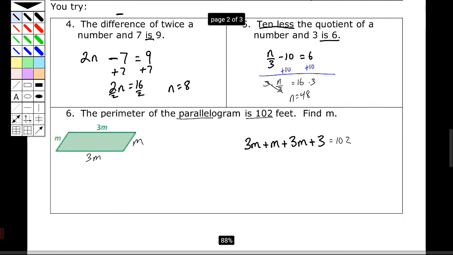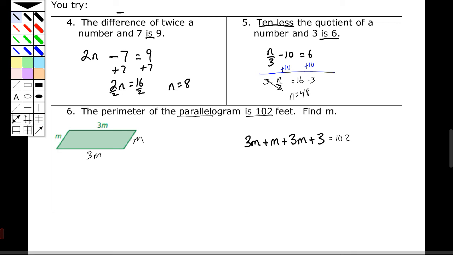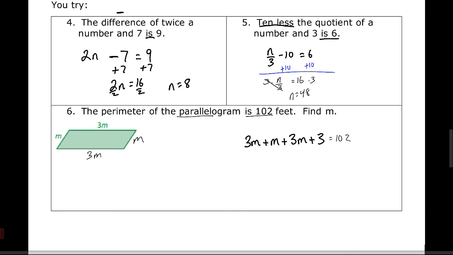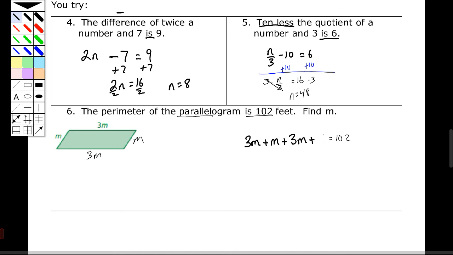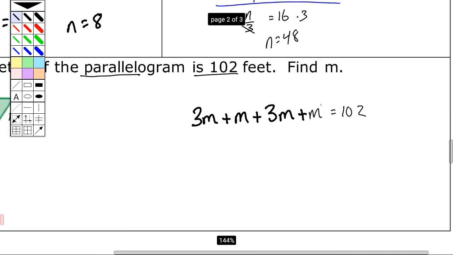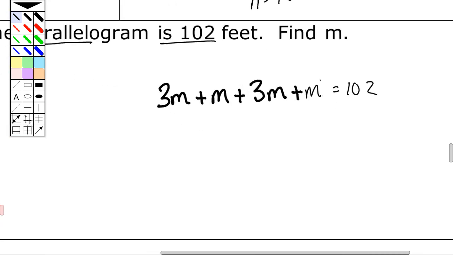Alright, well, how many m's do I got? Did I do this right? 3m, 3m. Oh, that should be a... So how many m's do I got? 1, 2, 3, 4, 5, 6, 7, 8. So I get 8m, just combine like terms, add them all up.